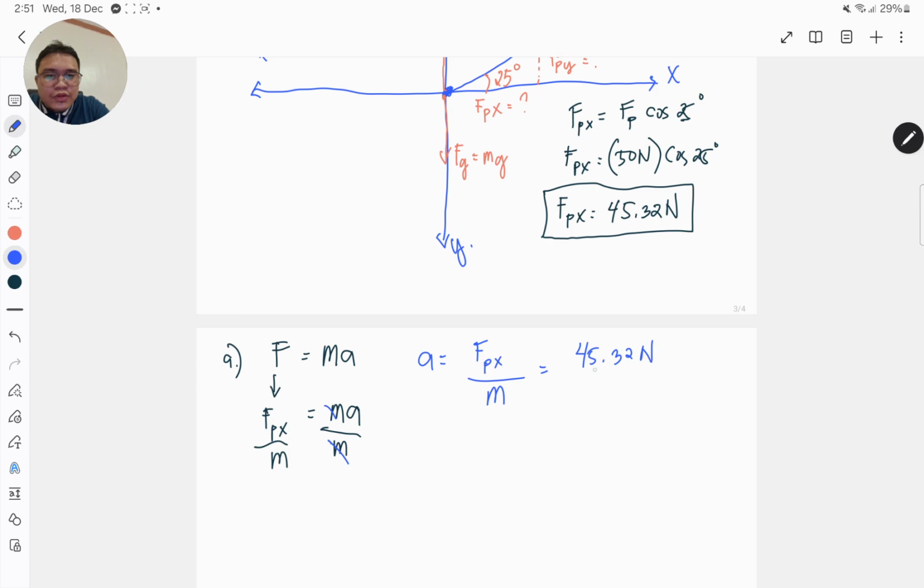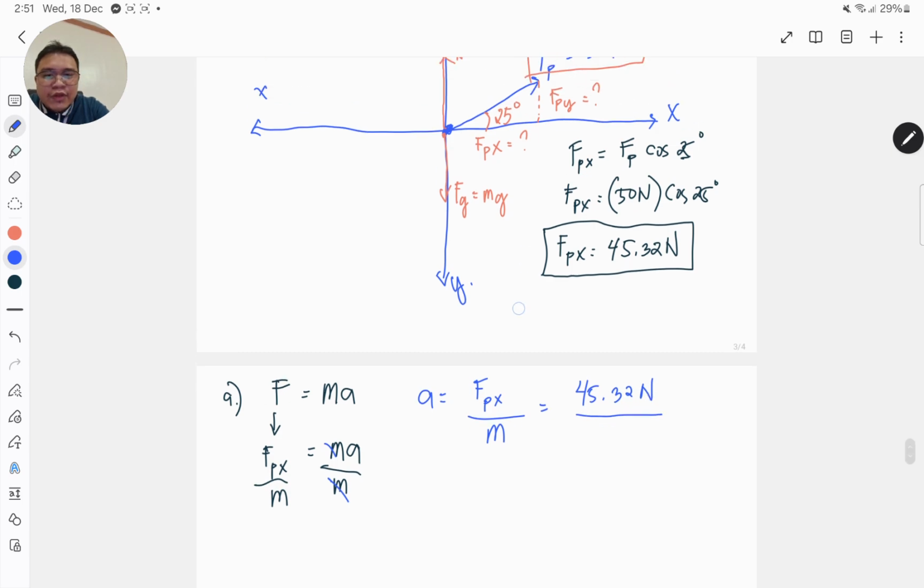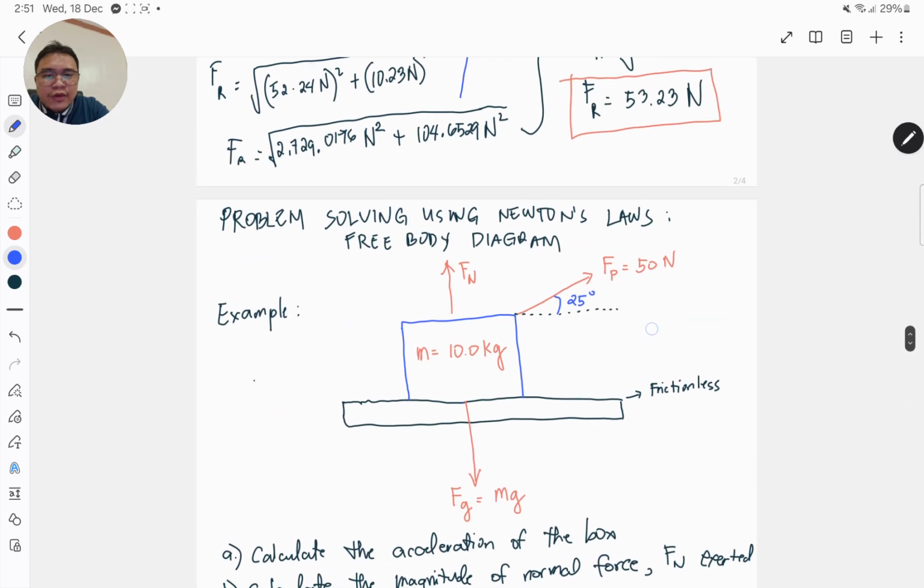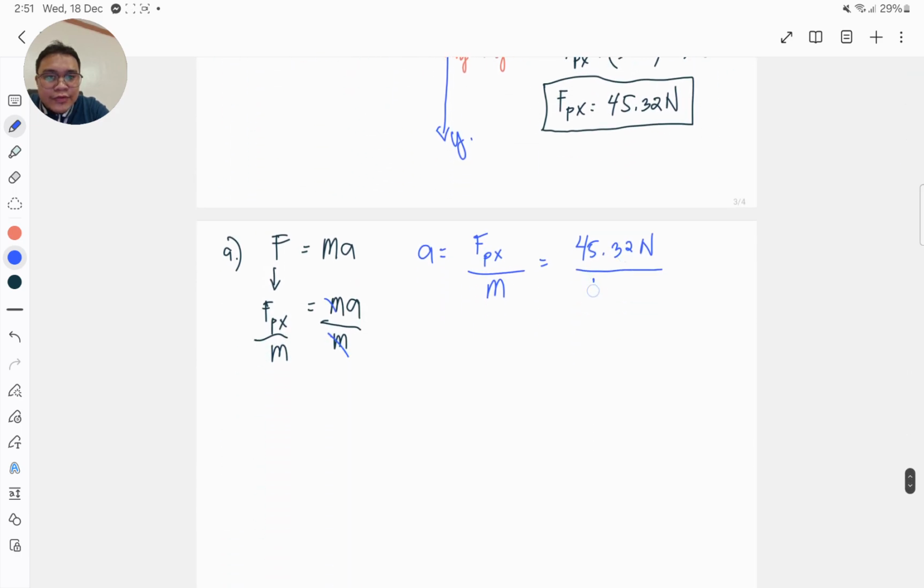And we have our value for Fpx, which is around 45.32 Newton, and divided by the mass of the object a while ago, which we gave as 10.0 kilograms. Okay, so in order for us to break down the cancellation of the units here, you know that 1 Newton is equivalent to kilogram meter per second squared. So the kilogram units here are cancelled. So what remains right now is this unit meter per second squared, which will give us the acceleration of our box.